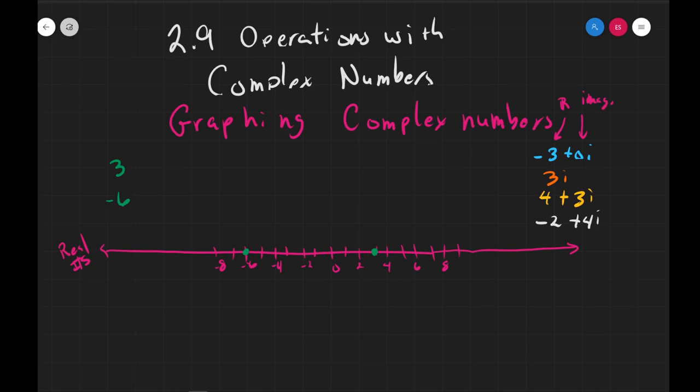So the way we do that is we make another line. And again, we have -1, -2, -3, -4, -5, -6. So we have something that looks like this, where we have a real axis and we also have an imaginary axis.